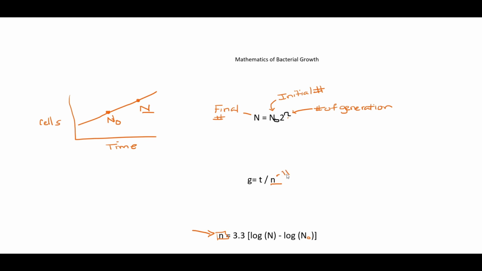So we have the number of generations, and then t is the duration time. And then g is the generation time.